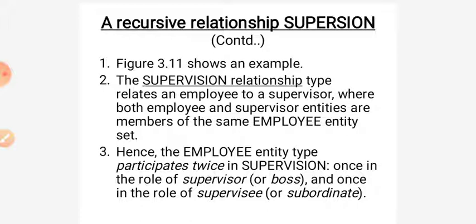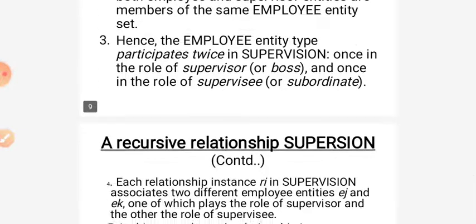Students, in a company there are a number of employees, and one of the employees is the supervisor and other employees are working under him. So the supervisor and supervisee belong to the same set called employee. Hence, employee entity type participates twice in supervision, once in the role of supervisor or boss and once in the role of supervisee or subordinate.